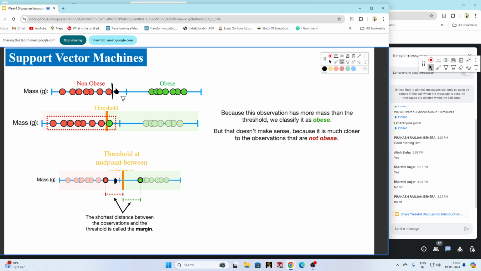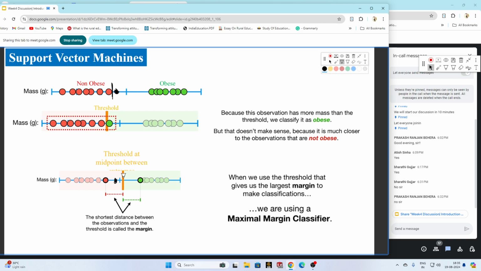Earlier we were misclassifying it as obese, but now it can be classified as non-obese. Whenever we put this threshold, or this classifier, exactly in between the extreme points of the two classes, we call it a maximal margin classifier.